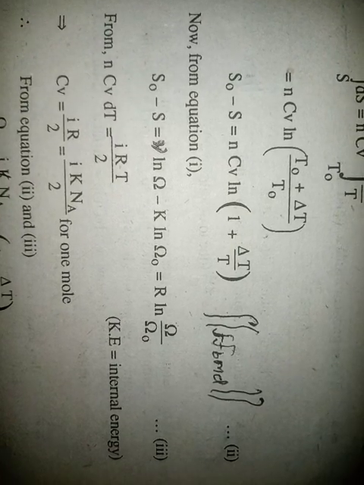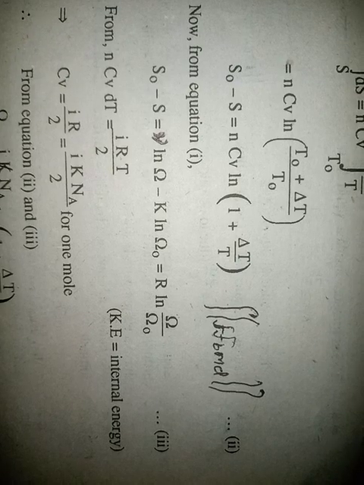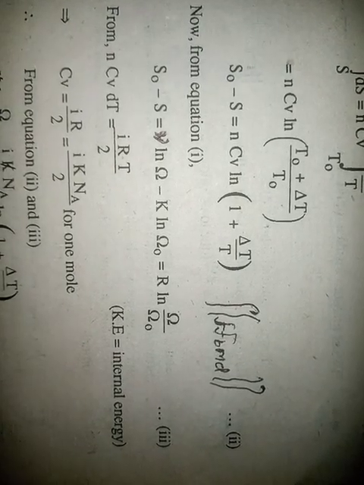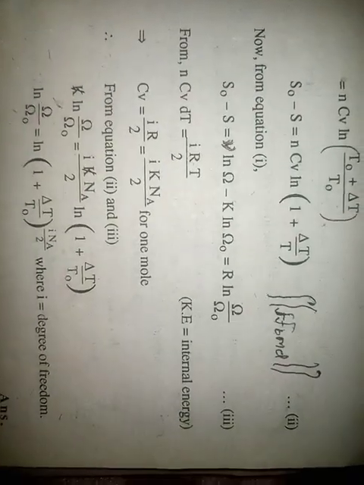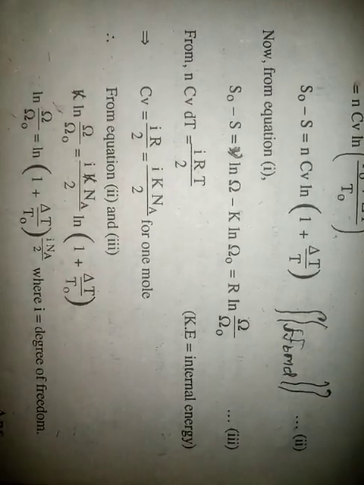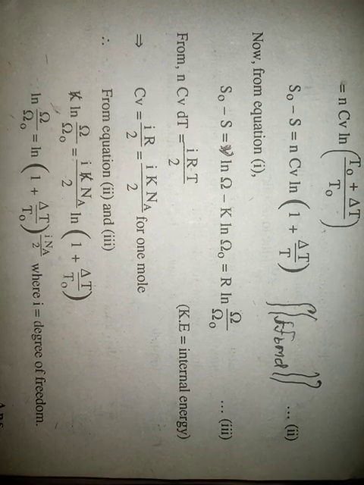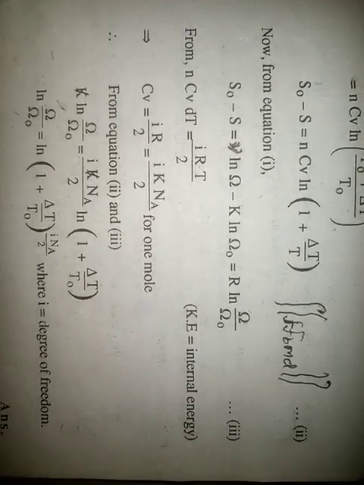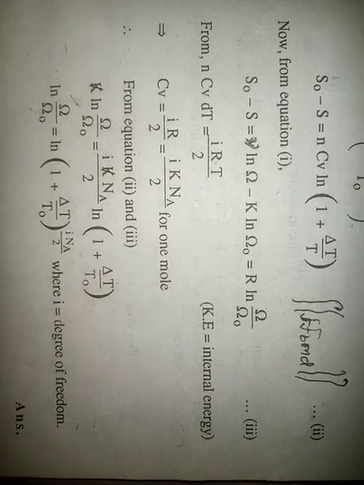Now from equation 1, S minus S0 equals k log omega minus k log omega naught equals k log omega by omega naught. From internal energy, N C_V dT equals i R T by 2, where i is the degree of freedom. This implies C_V equals i R by 2 equals i k N_A by 2 for 1 mole.